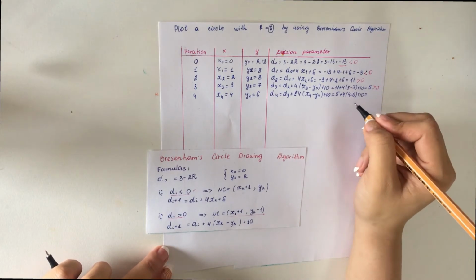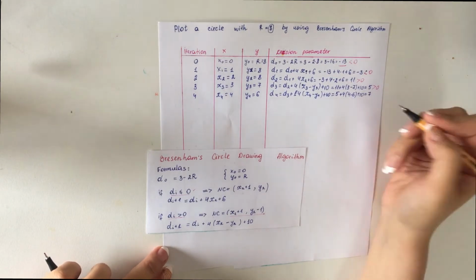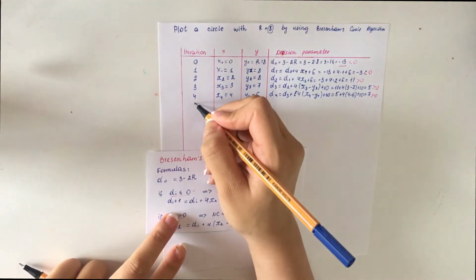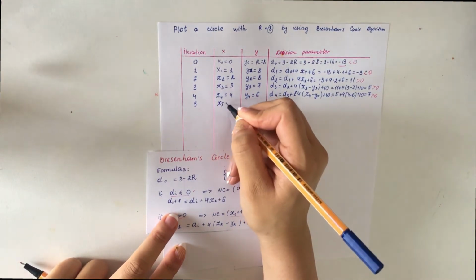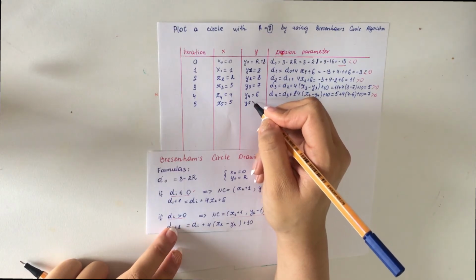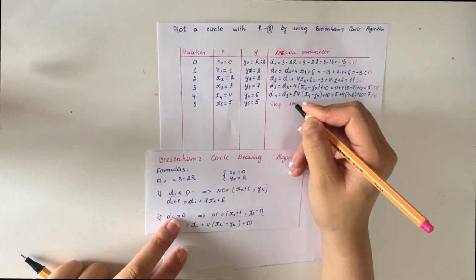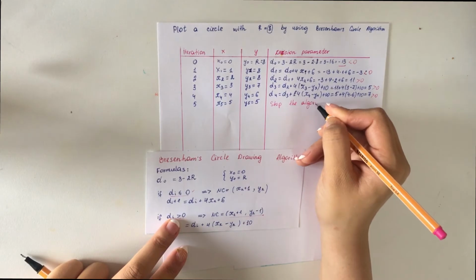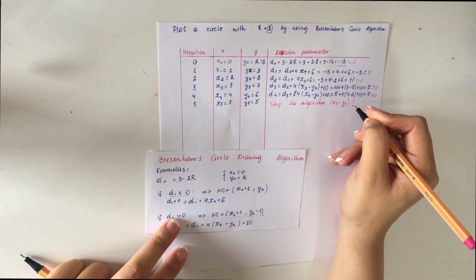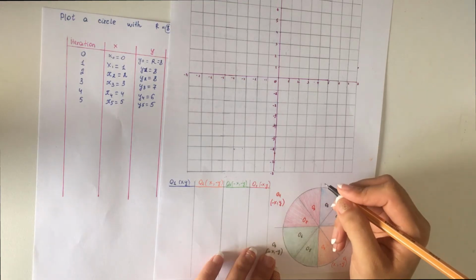As a result, we will get the value of 7 here, which is also more than 0. So the next coordinate of x will increase by 1 again, and the next coordinate of y will decrease by 1. Here we have to stop the algorithm because the values of x and y are equal. We stop the algorithm here because we don't need to calculate the further values.